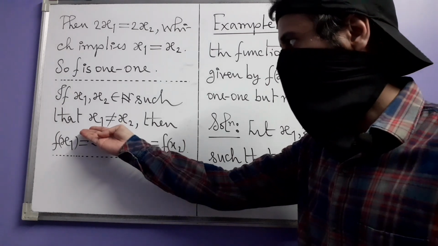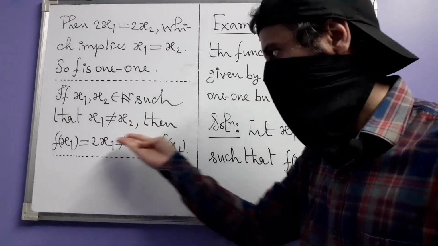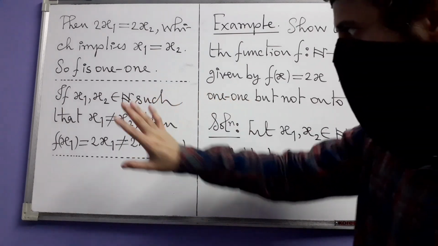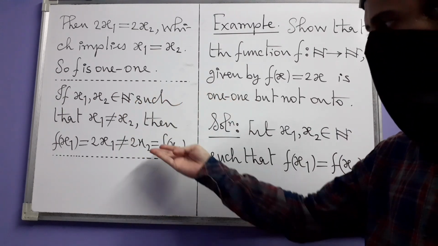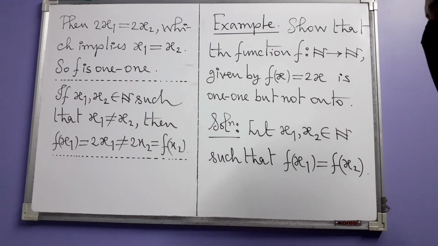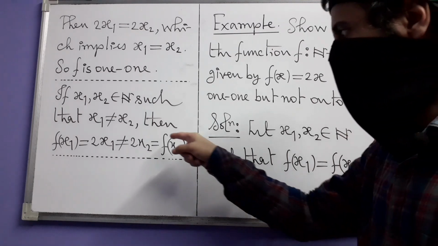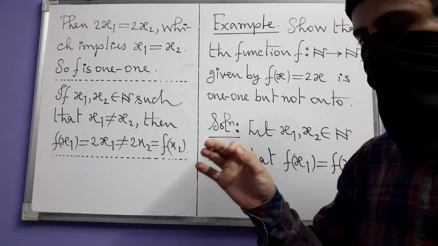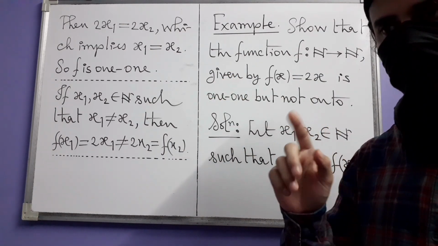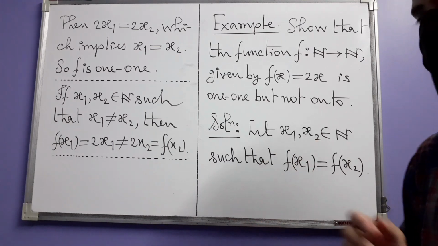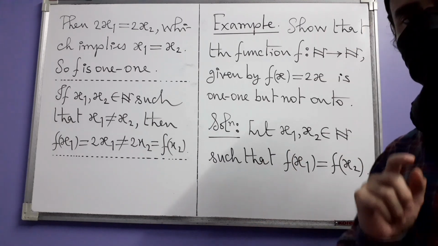So if distinct inputs are taken, then outputs are also distinct. It's up to you to choose which one you want to choose. Note one more thing, that this is what we did in the previous example. We took distinct students and their roll numbers turned out to be distinct, which is always the case, and that is why that f was one-one.